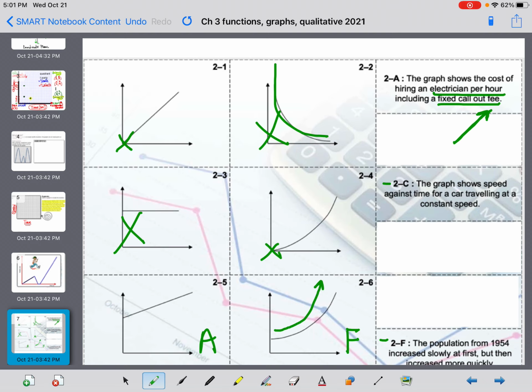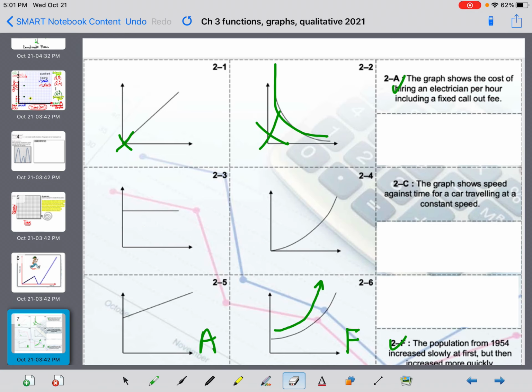I use a process of elimination on these, and I read through my scenarios first so I know what I'm looking for. And I try to imagine in my mind what I think the graph is going to look like, and then I use process of elimination to get rid of them. So I think this one is 2F and this one is 2A. I think I've got those right.